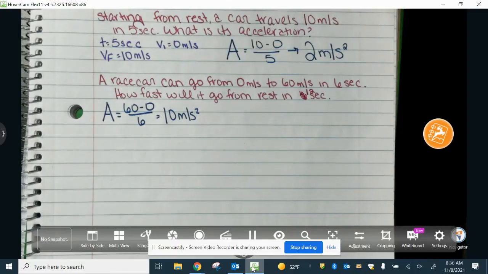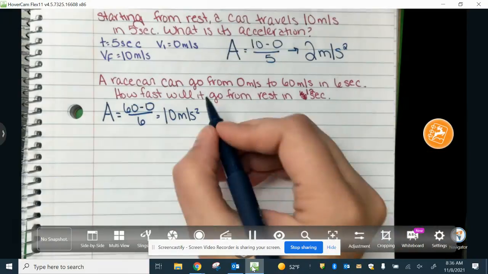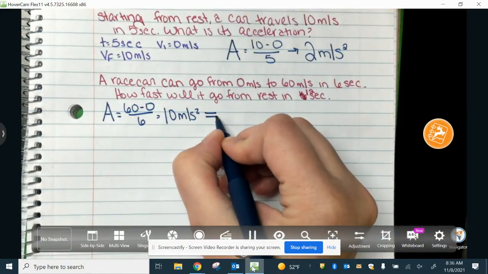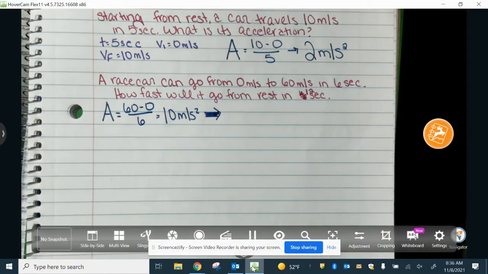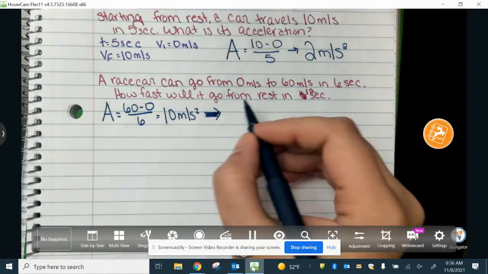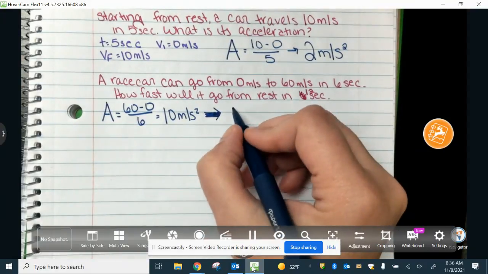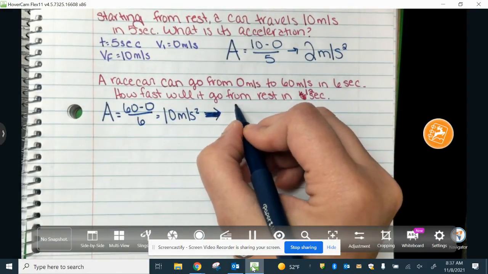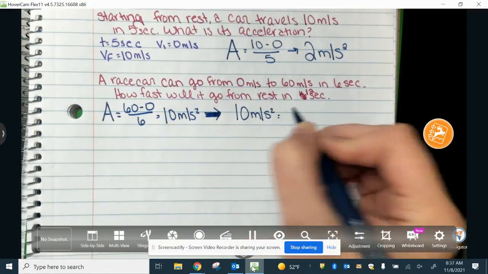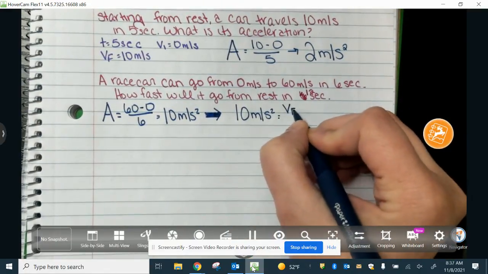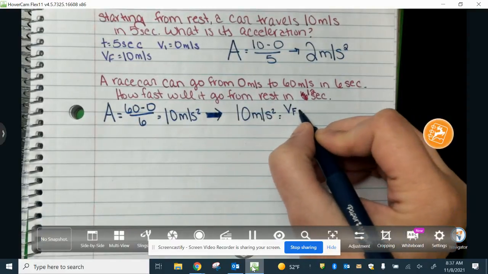Once we have found the acceleration capabilities of the car, we can then find out how fast it will be going. All right. I'm going to use the acceleration of the car. I'm looking for the final velocity.